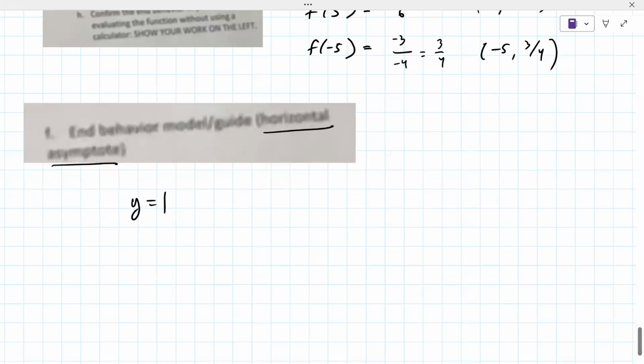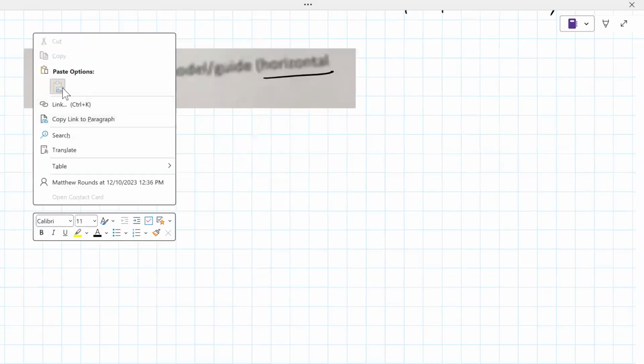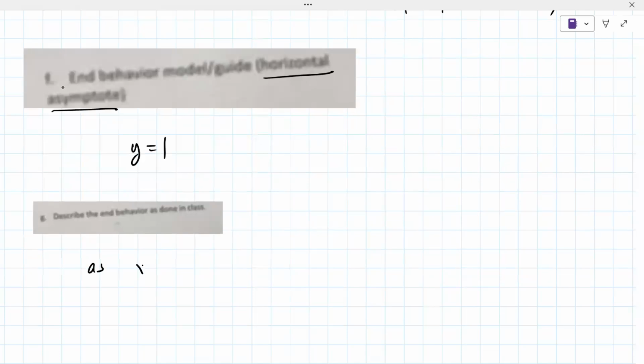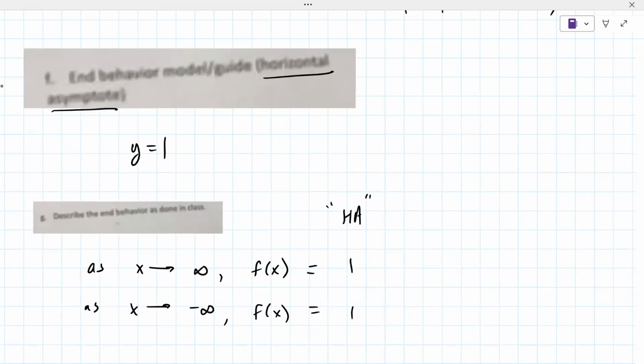Okay, and then the end behavior is always in this form. It's two things: as x goes to infinity, and as x goes to negative infinity. The first one's to the right forever, the second one's to the left forever. In both cases, they approach the horizontal asymptote.